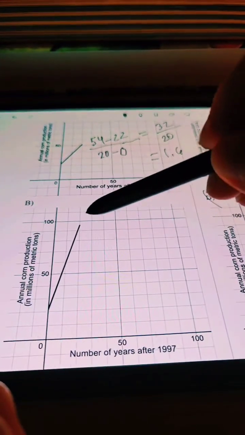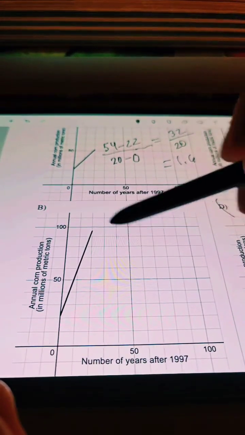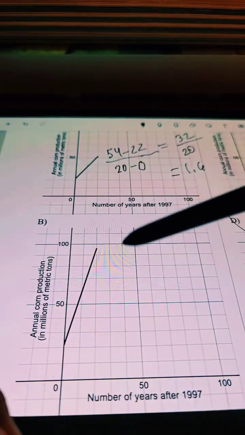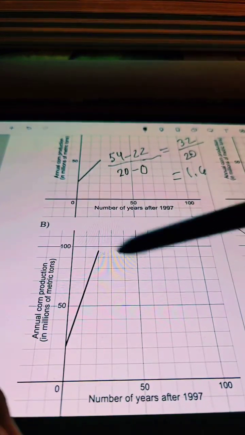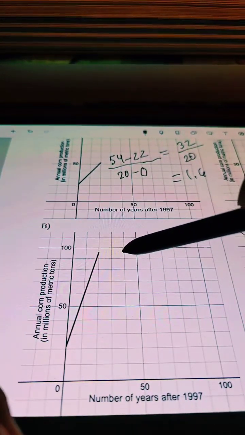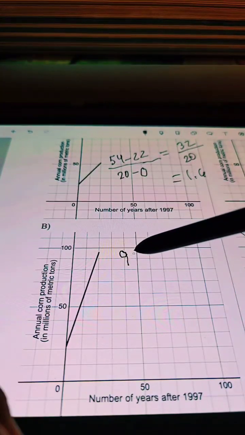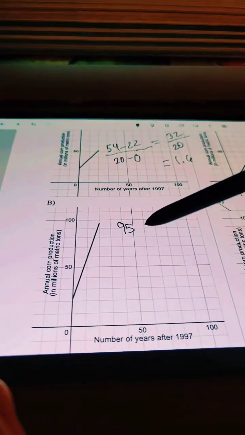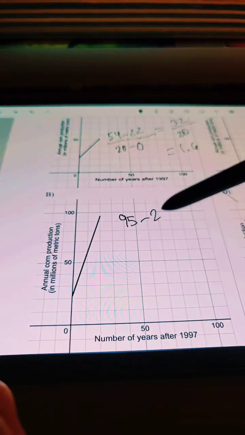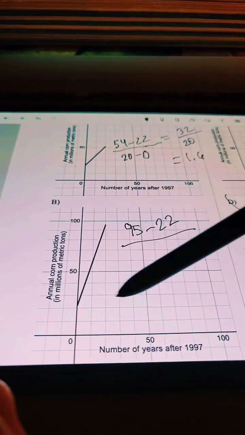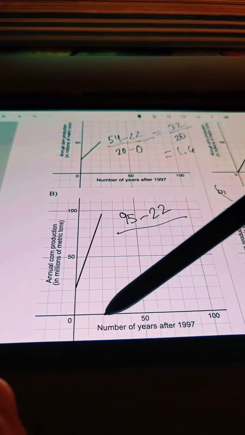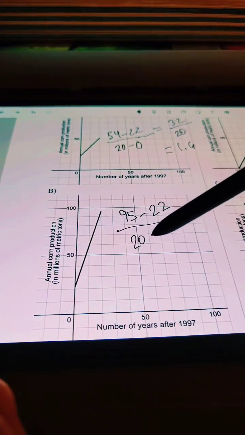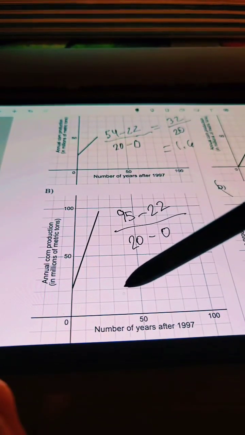So this looks about halfway, a little bit more maybe, for the box. So let's say it's 95-ish, minus 22, over, and this is lining up with 20 right there, minus 0.